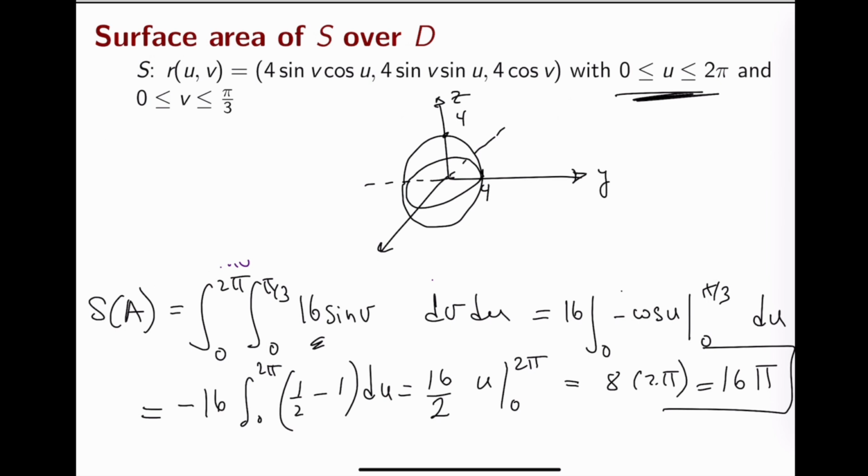So we get that this goes all the way around the whole sphere. And v varies between 0 and pi thirds. So we have that this is the surface until here. So we are calculating the surface area of this cap, just this upper part of the sphere.